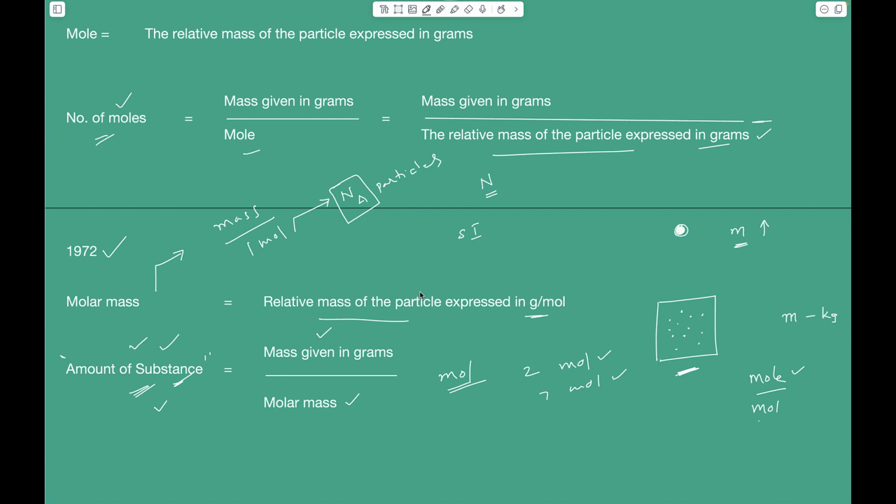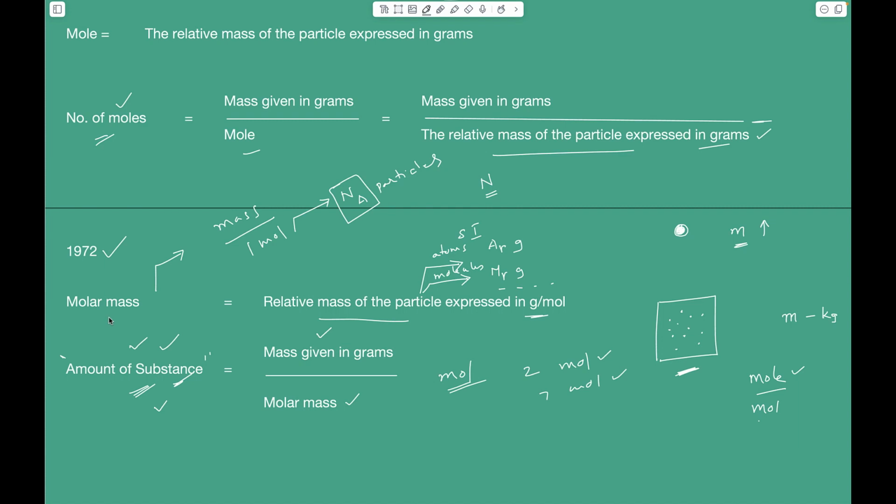So the mass of an Avogadro's constant of atoms is simply equal to its relative atomic mass in grams. The mass of an Avogadro's constant of molecules is simply equal to its relative molecular mass in grams, and so on.